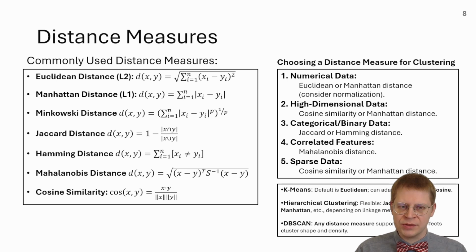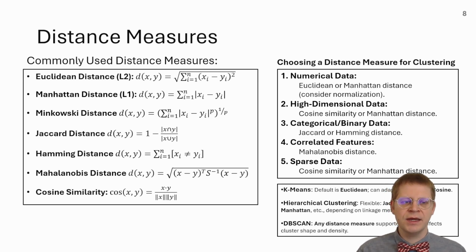Since I mentioned distance-based clustering like K-means, distance measures are the foundation of clustering. They define how close or similar data points are, which directly impacts cluster formation. Euclidean distance is intuitive but sensitive to scale, so normalization is essential.